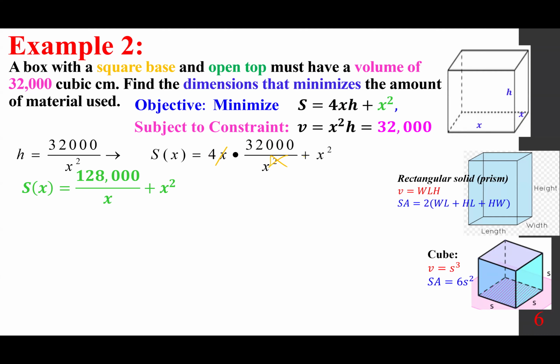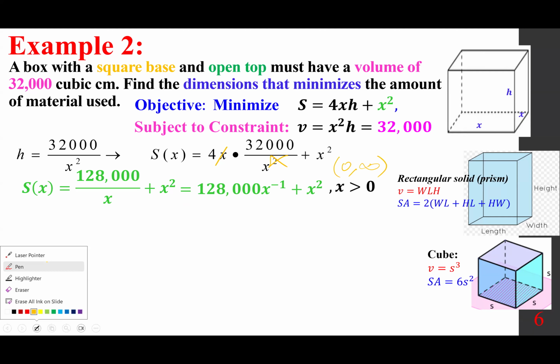Now, to get it ready for the next step, which is differentiation, I'm going to bring x up, make it 128,000 x to the power minus 1. And x represents dimension. There is no other information, so x must be positive. In other words, the domain is 0 to infinity.